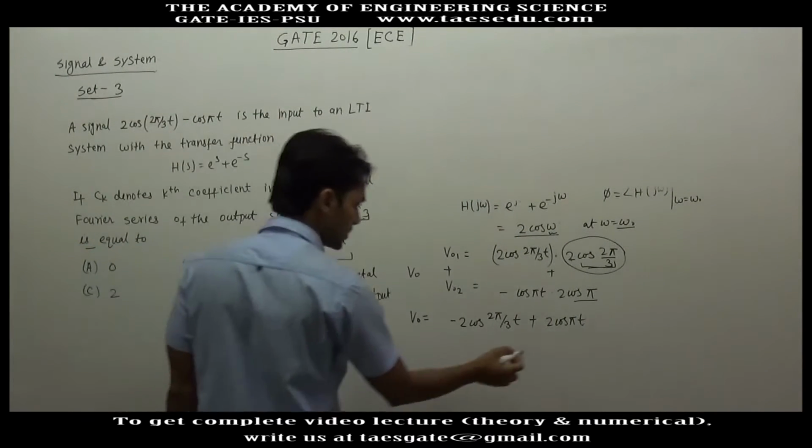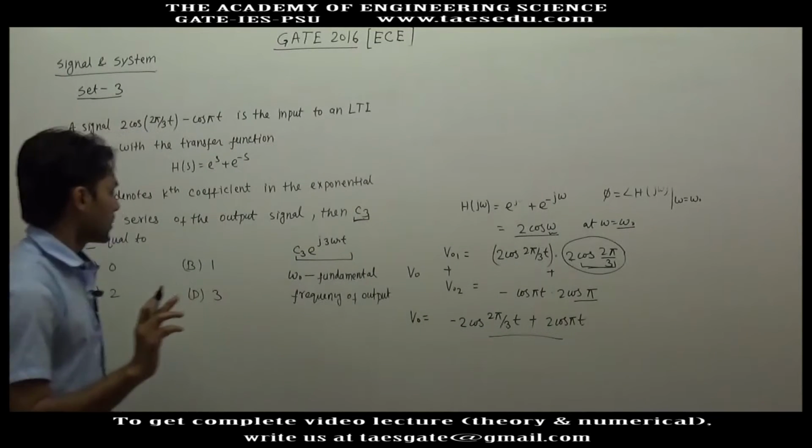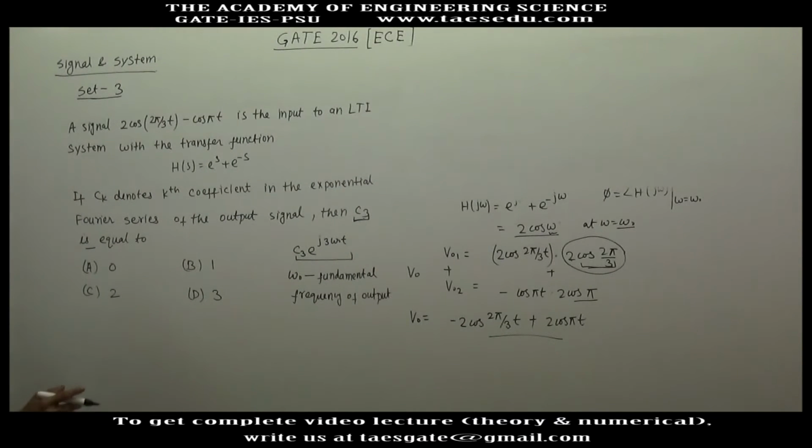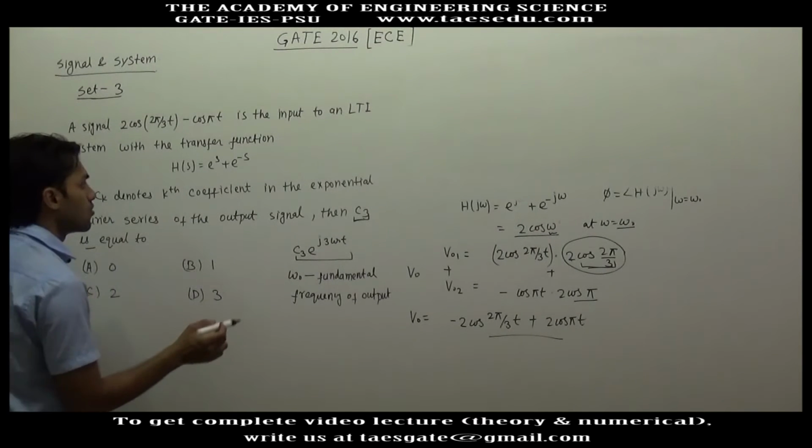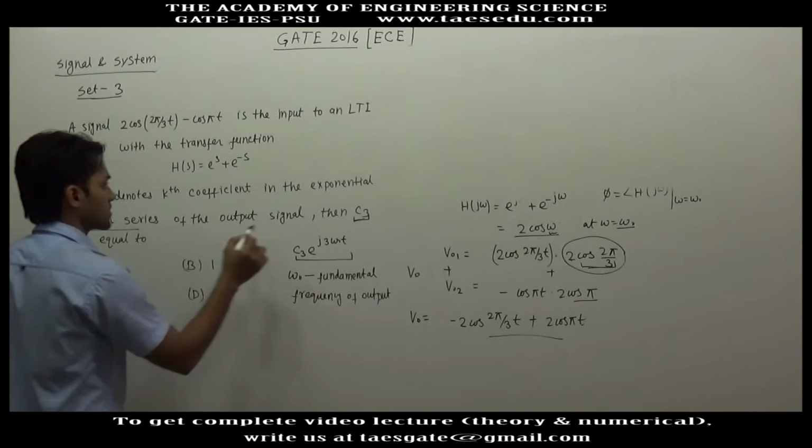Okay, so this is the output. Now we have to represent this output in the form of exponential Fourier series.